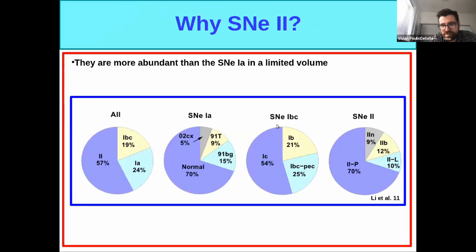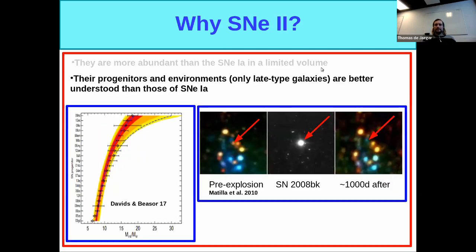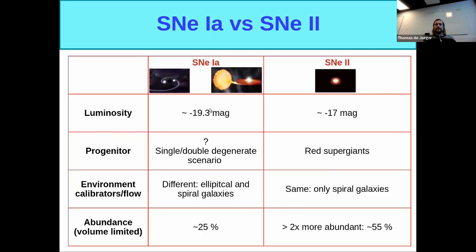The important word here is volume. When you do a survey, you're not limited by the volume, but by the magnitude, and type 1a supernovae are much brighter than type 2s. So if you have a magnitude-limited survey, you will observe more type 1a supernovae than type 2s.